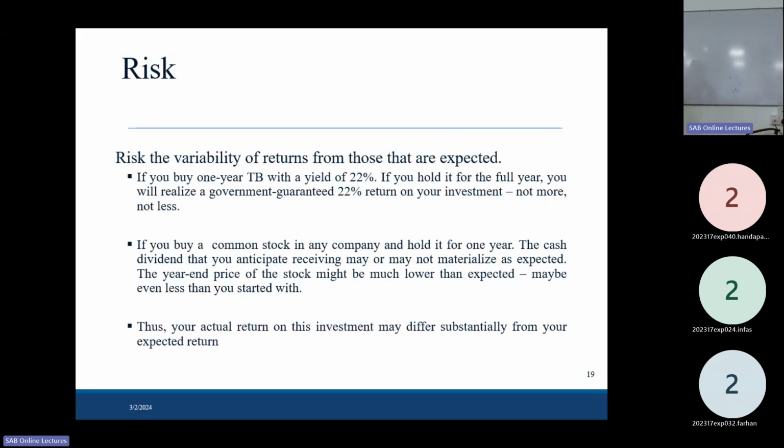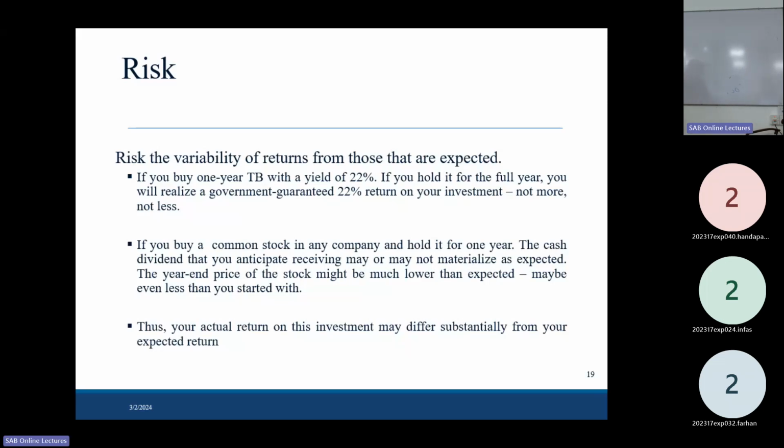Now, if you look at these two bullets, if you buy a 1 year treasury bill, you know what is a treasury bill? Government issues the treasury bills. So if you buy a 1 year treasury bill with a yield of 22%, if you hold it for a full year, you will realize a government-guaranteed 22% return. You will get the 22% return at the end of 1 year.